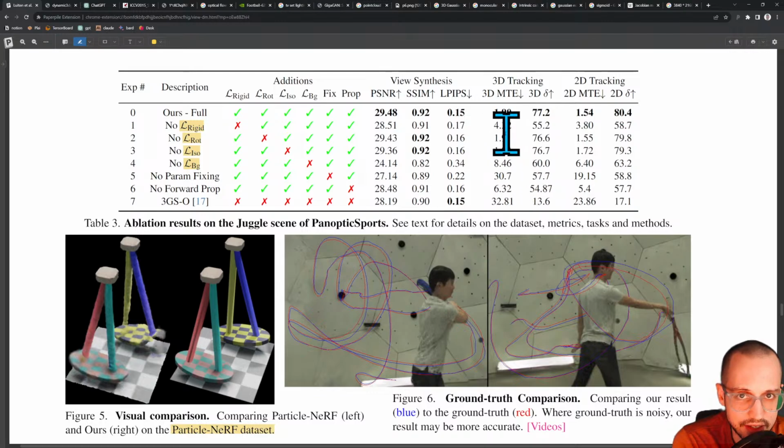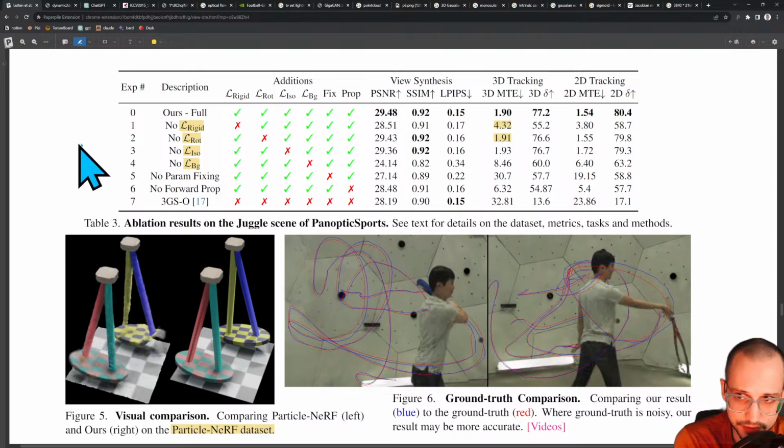For the tracking, lower is better. So we see how this rigid one makes it, no rigid is pretty bad. So the rigid constraint is actually leading to the best. Out of these ones here, it's the best in terms of making the tracking better. Yeah, like look at this.